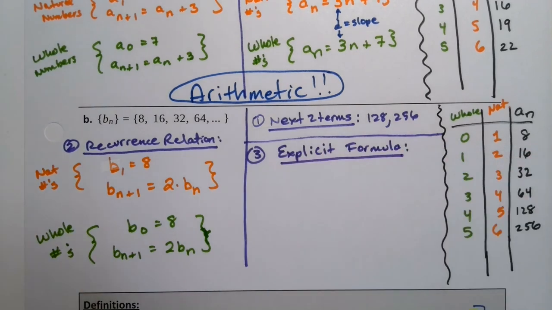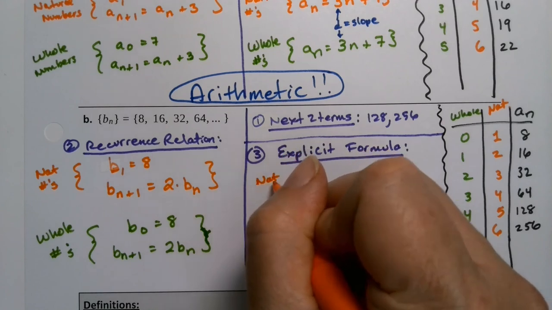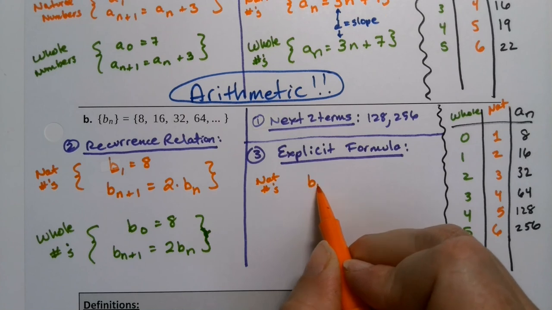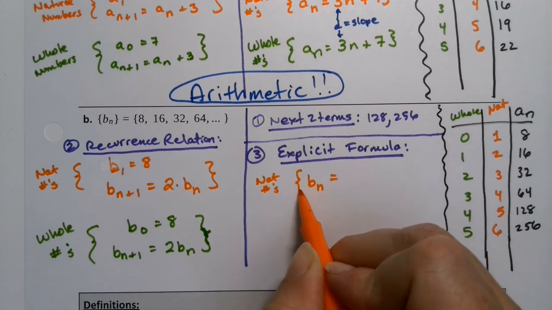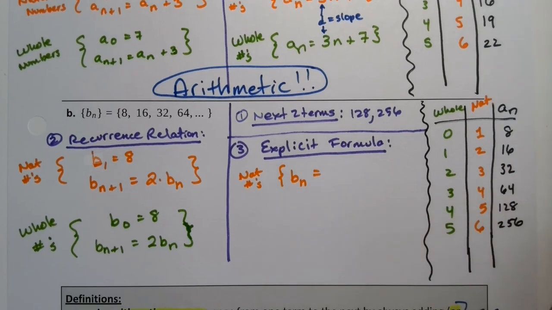Okay. So for the natural numbers, I need to come up with a way to define b sub n as a function of n that will always work. Okay. Well, there's actually several ways you can do this. There's a few of them, but you'll notice that we're always multiplying by 2.